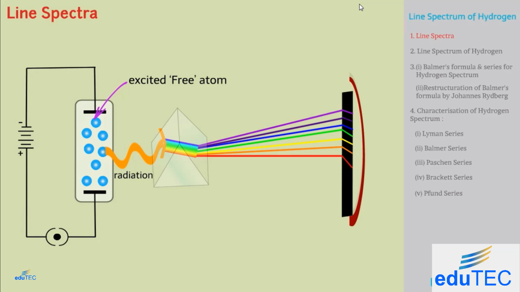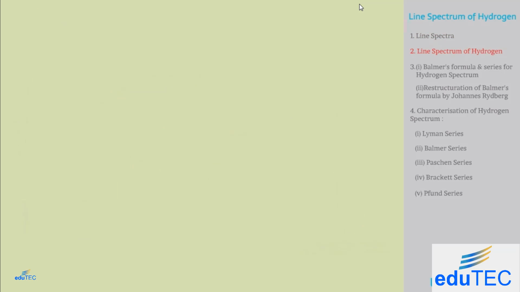Such spectra are called line spectra, or more specifically, atomic spectra of that element. In this video, we are going to learn the line spectrum or atomic emission spectrum of hydrogen.